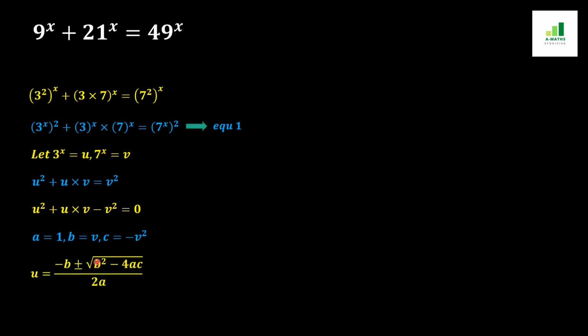Now, as we know, the quadratic formula is minus b plus minus under root b square minus 4ac upon 2a. Now we should insert the values of a, b, c, which are 1, v and minus v square, inside this formula, and we will get minus v plus minus under root v square minus 4 into 1 into minus v square, over 2 into 1.